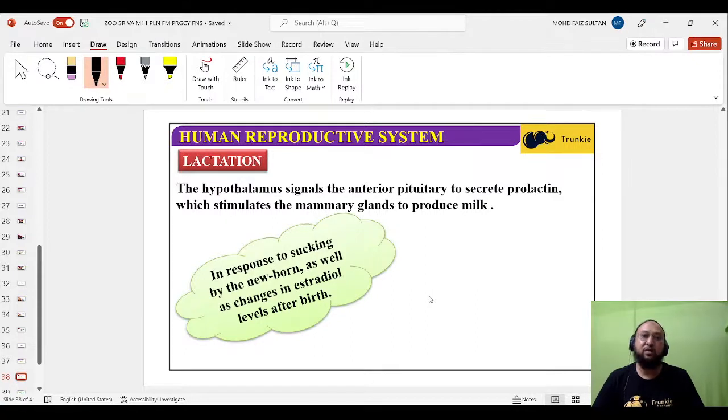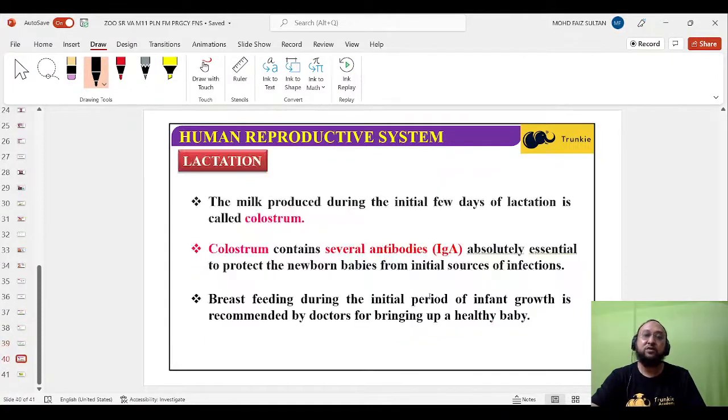Prolactin is the hormone secreted from the anterior pituitary after the signals it receives from the hypothalamus. The hypothalamus is a very important structure present near the pituitary gland. This prolactin in turn stimulates the mammary gland to produce milk. Colostrum is the thick milk produced during the first 1 or 2 days, and it contains the antibodies IgA.